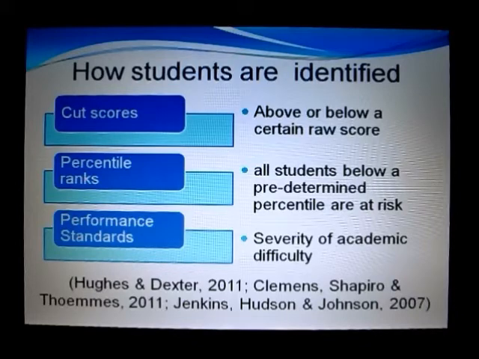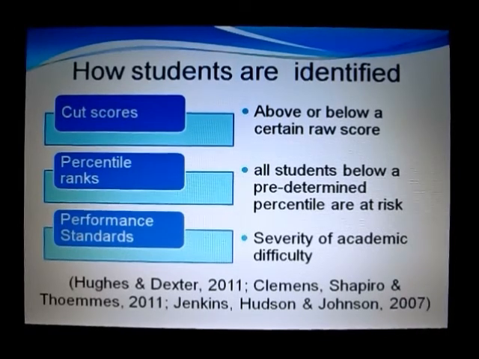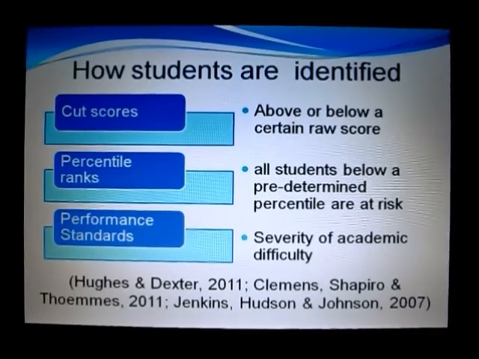If they don't hit that 70%, if they don't perform to that standard, then they're deemed to be at risk. So any combination of these, depending upon which screeners or subtests you use, can be used to identify what students are at risk.